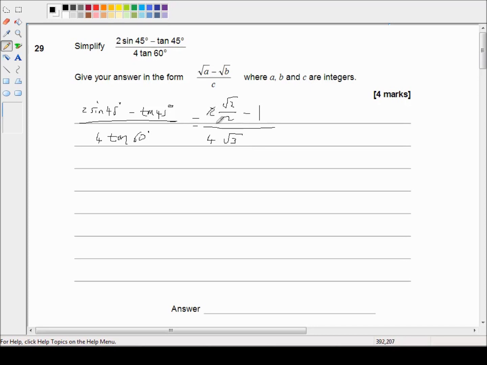Well, the 2's can cancel. 2 times root 2 over 2 is just root 2. So this is equal to root 2 minus 1 over 4 root 3.